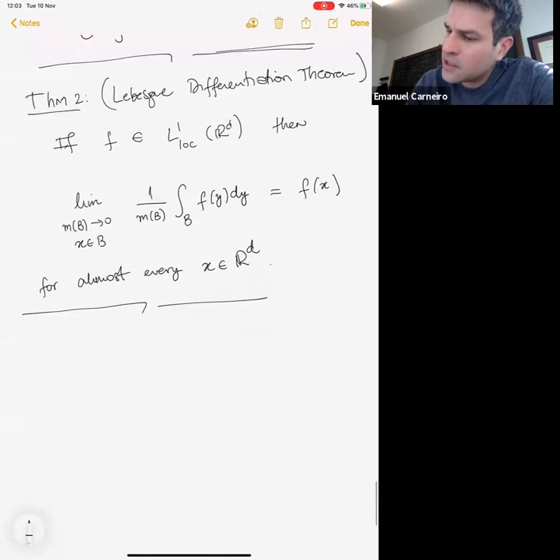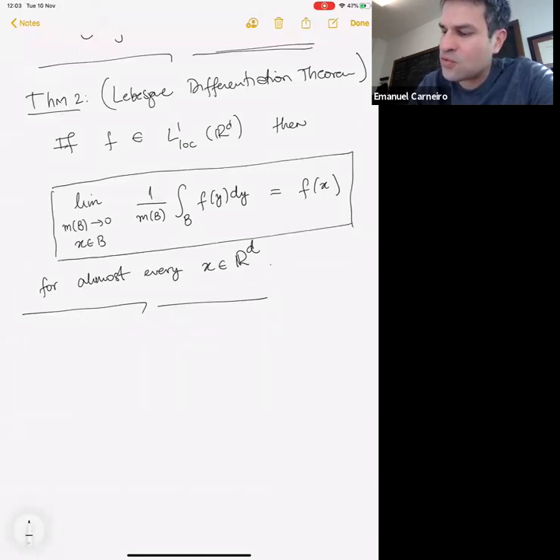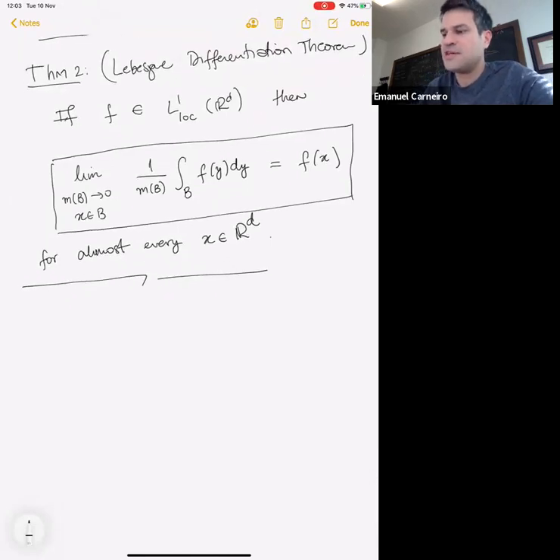Look at what this statement is telling us. This is what we may think of as the fundamental theorem of calculus for integrable functions.